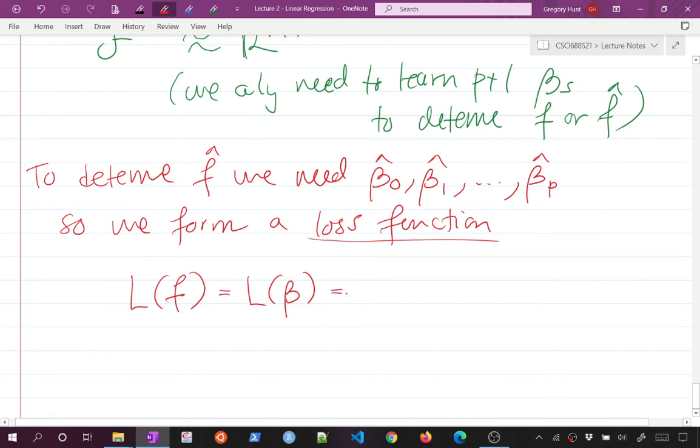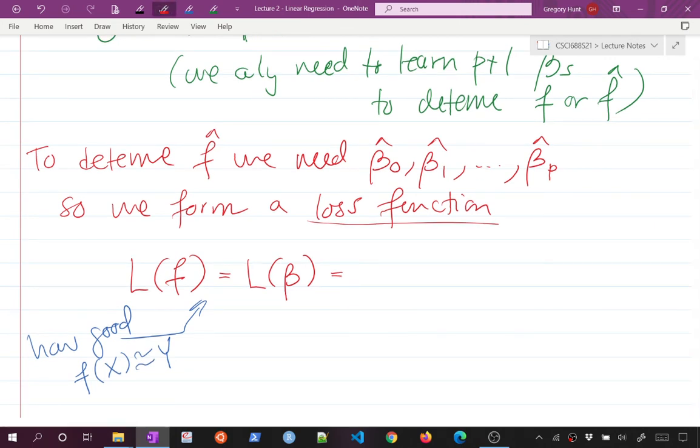And for linear regression, our loss function is supposed to tell us how well f of the x's approximates y. So for linear regression, we're going to use what's called squared error loss. And one way we could write that is we're going to take our true y, and then we're going to subtract off f of x.